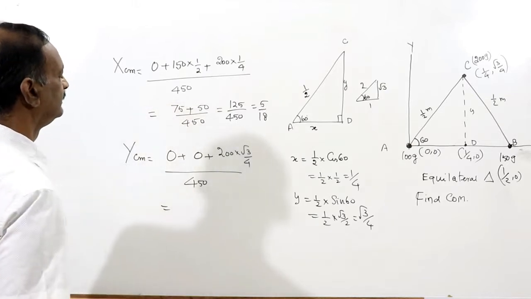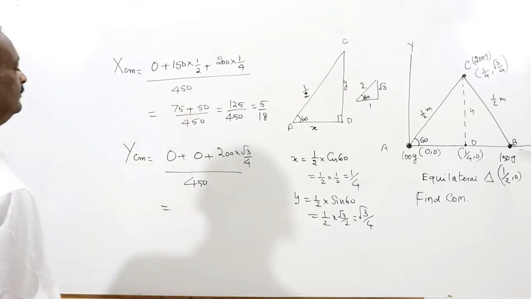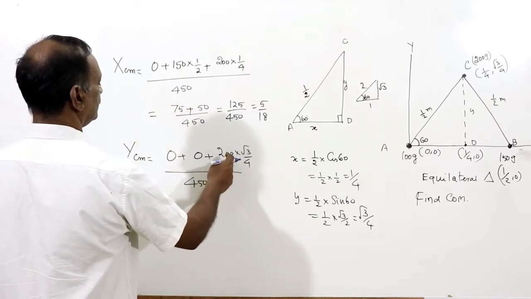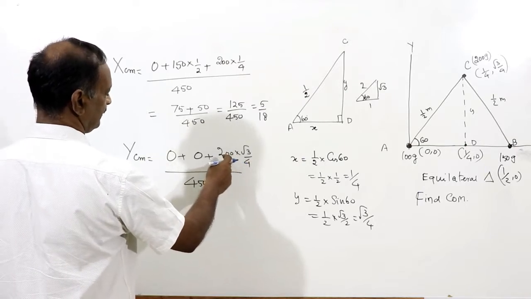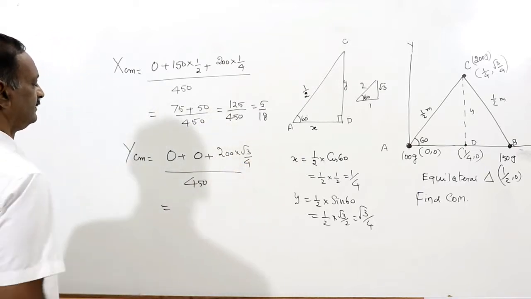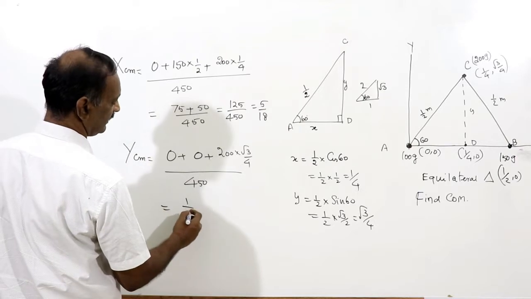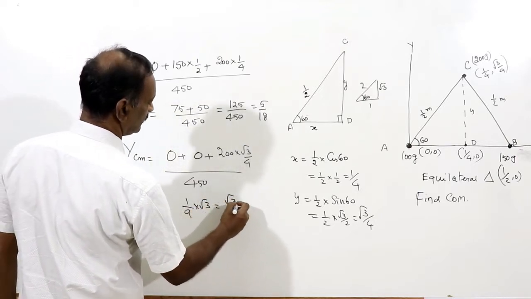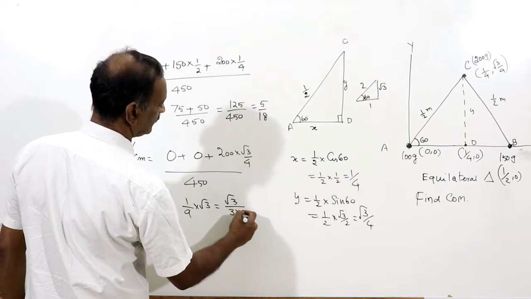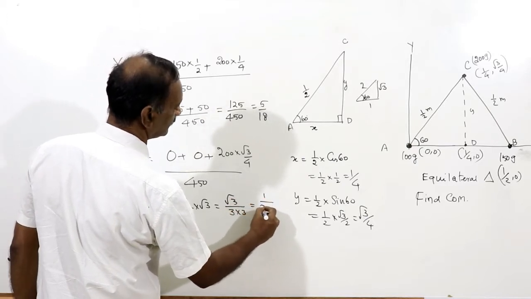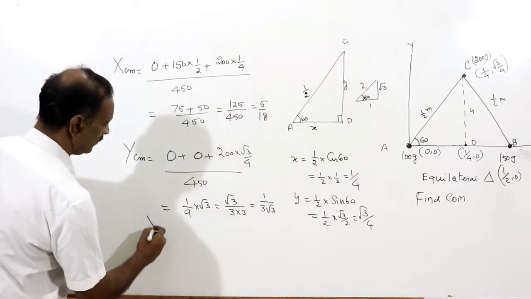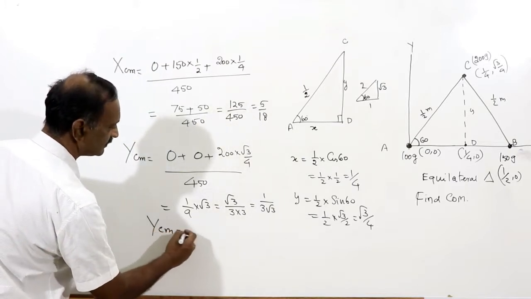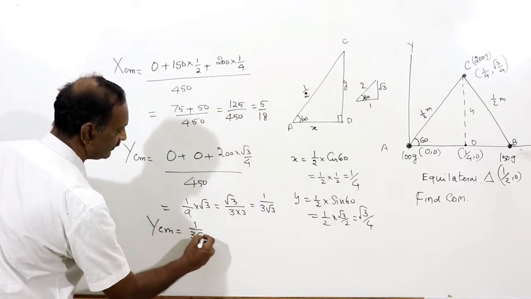This comes out to be 50 root 3 divided by 450, which is root 3 by 9, that is 1 by 3 root 3. So YCM is equal to 1 by 3 root 3.